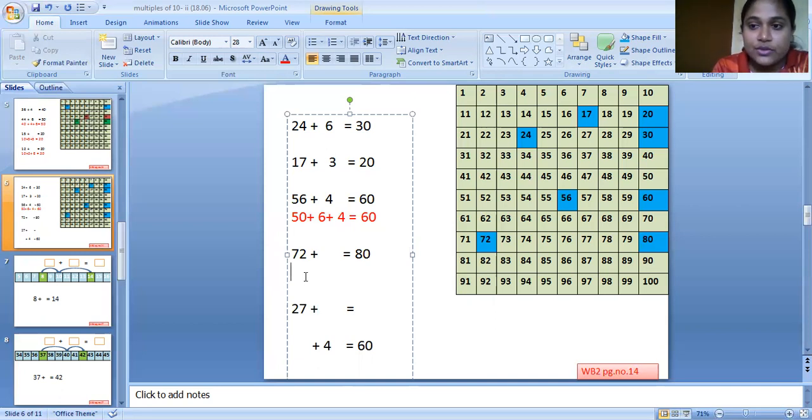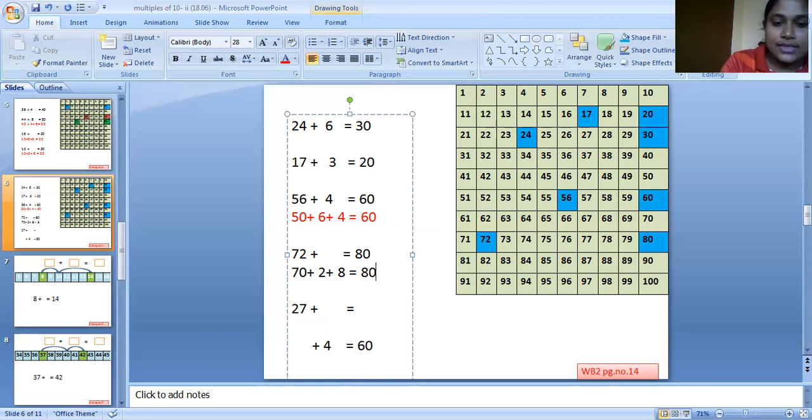We can write 72 as 70 plus 2. And as I told you earlier, what is the number bond along with number 2 to make number 10? Number 2 plus blank is equals 10. What is the number which should come for the blank? 2 plus 8 is equals 10. So we can write 8 here.